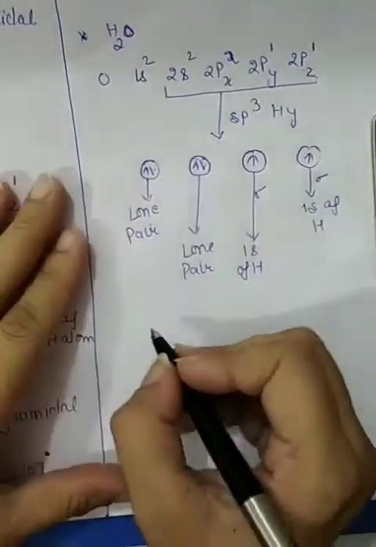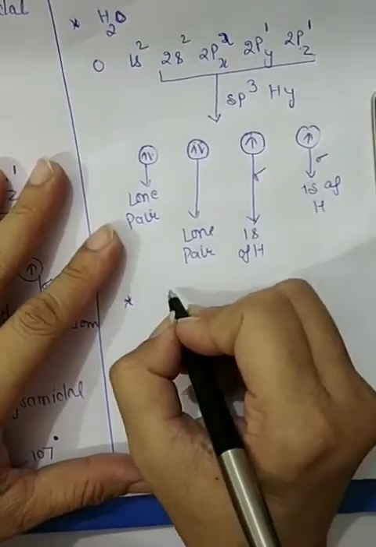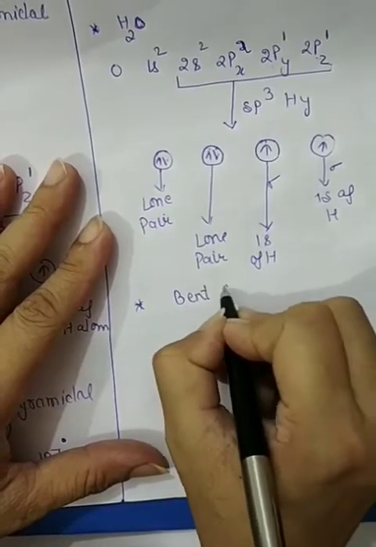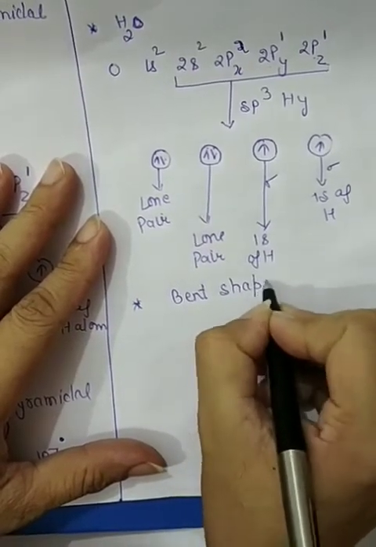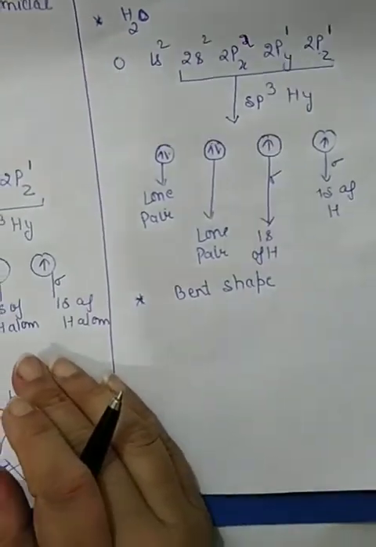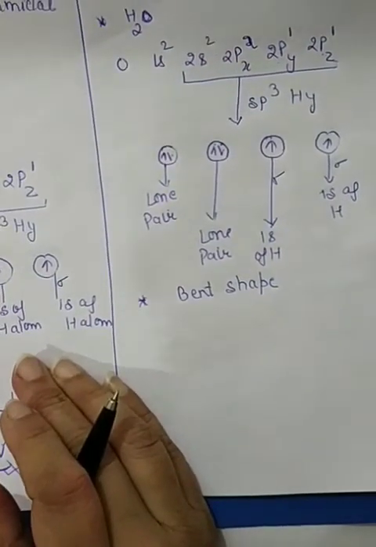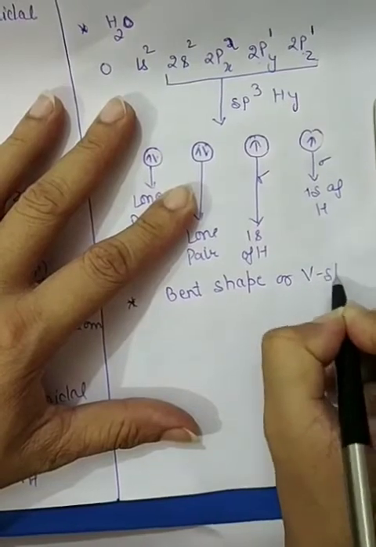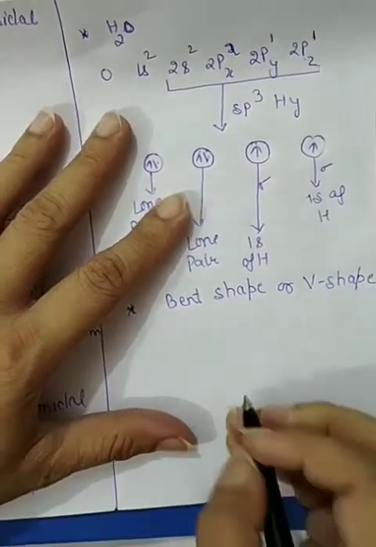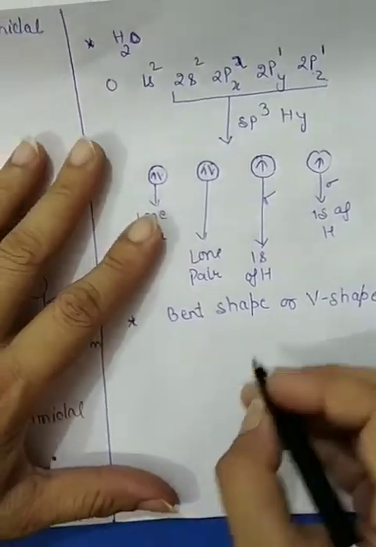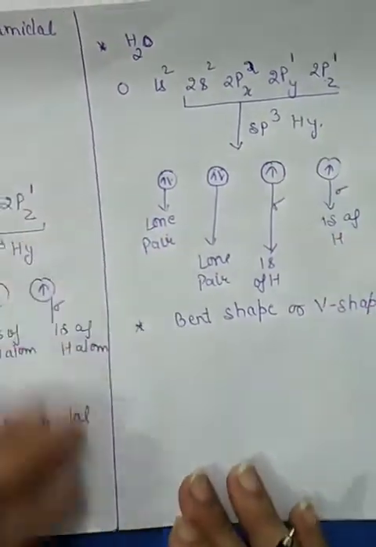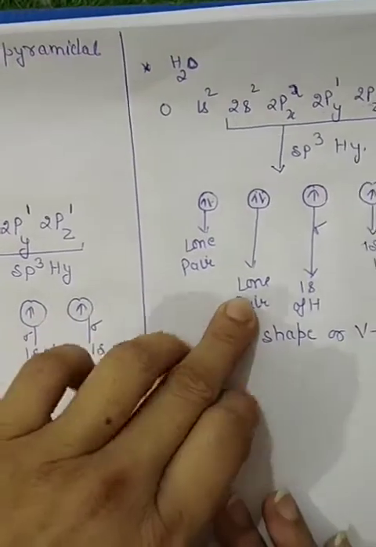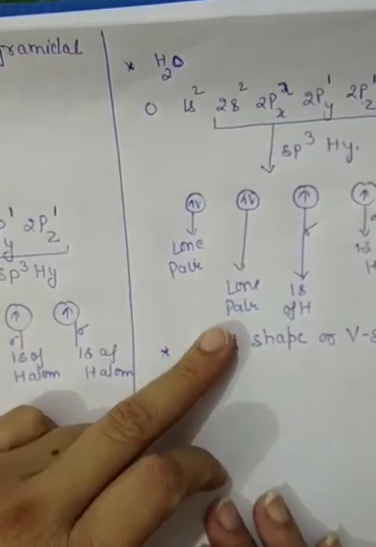Okay, so its geometry is called bent shape, or it is also called a V shape, with sp3 hybridization. Due to the presence of a lone pair in NH3 and H2O, their structure is not symmetrical.